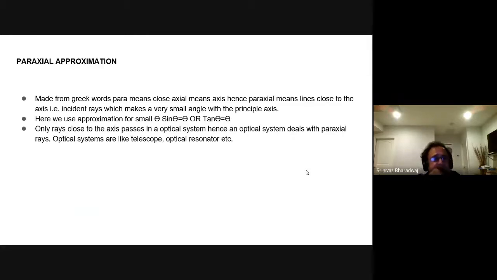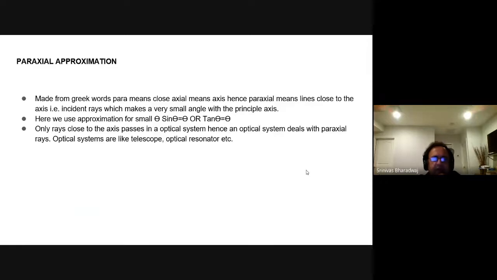Very different from, say, your Hindi word, which originates in Hindu spirituality. This is not like that. Para means close. Here we use the approximation for small theta: sin theta equals theta, or tan theta equals theta. So that is a paraxial approximation.